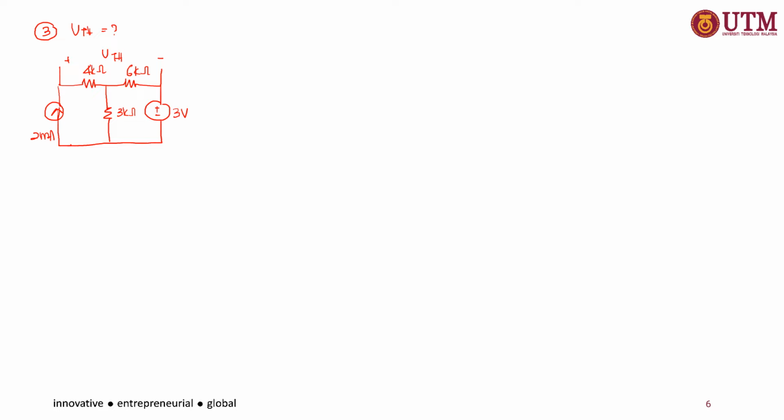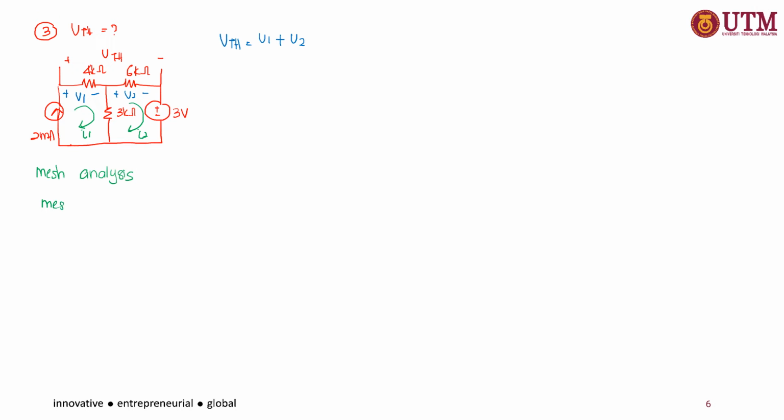In order to find this VTH, we can use this V1 and this V2. So our VTH will be equal to V1 plus V2. In order to find this V1 and V2, we need to find the currents that flow in this I1 and I2. So we can use mesh analysis to find this I1 and I2.